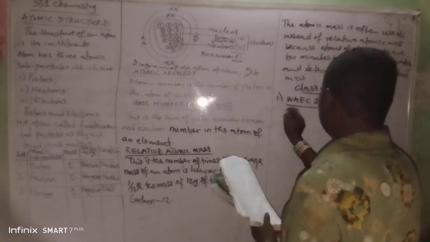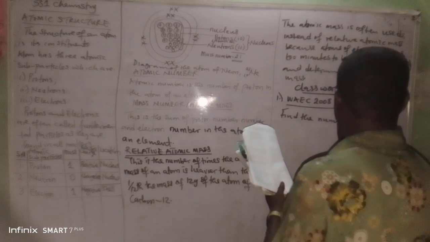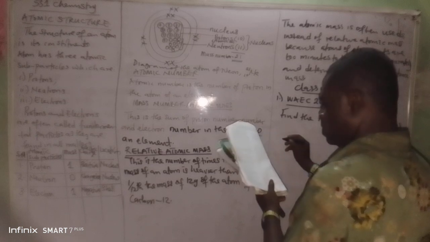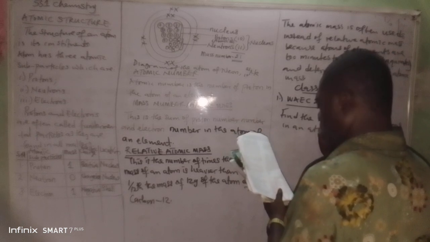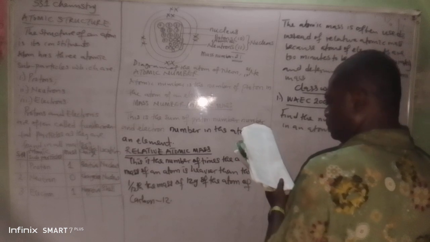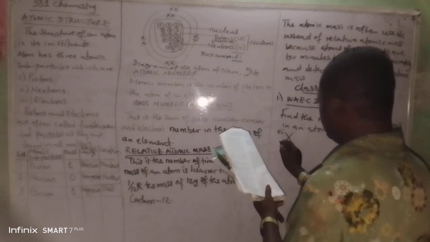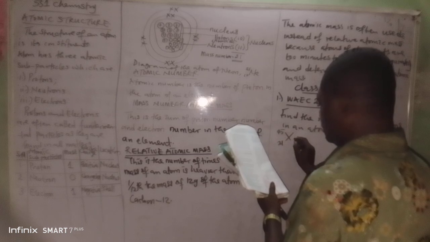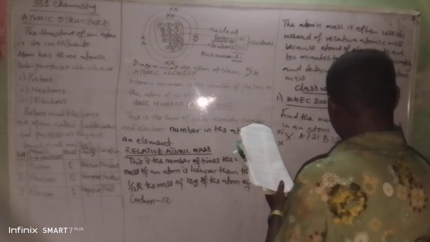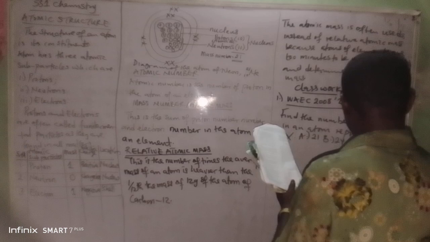It says find the number of neutrons in an atom represented by X, mass number 45, proton number 21. Options: A 21, B 24, C 45, and D 66.